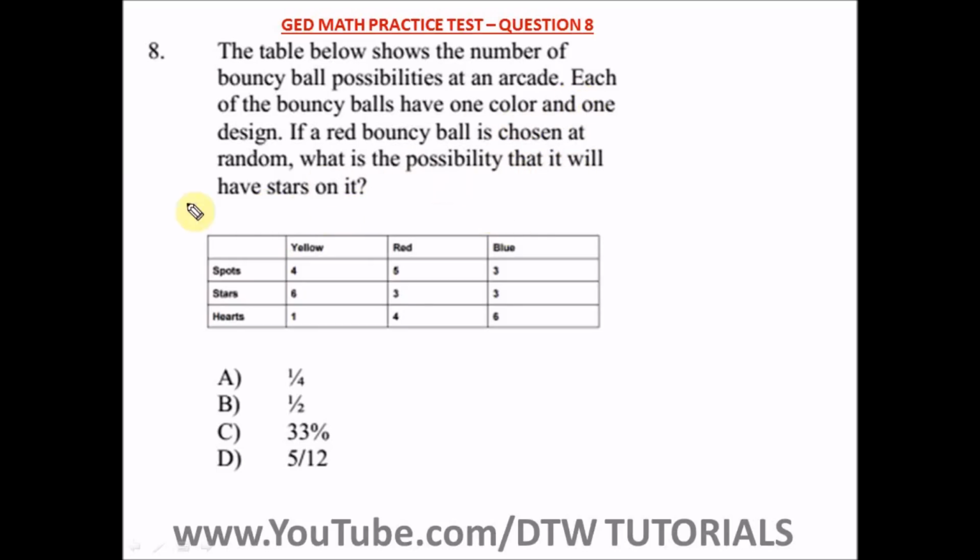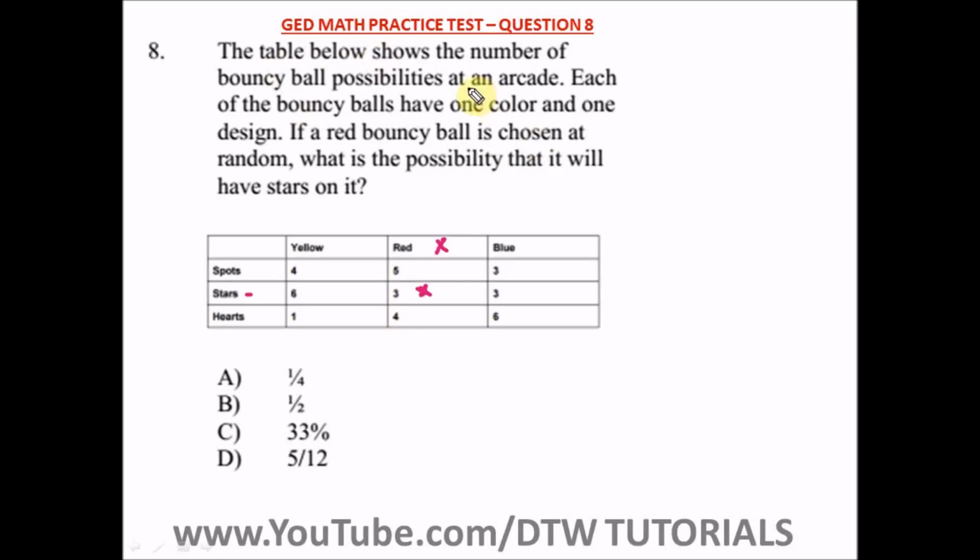Okay, we have the table here. This is the yellow bouncy balls, and these are the designs on them. This is the red and this is the blue, but our question focuses on the red bouncy balls. The question asks, what's the possibility that it will have stars on it? And this is the star column. This is the value of the stars for the red bouncy ball. So we have 5 here, 3 and 4.